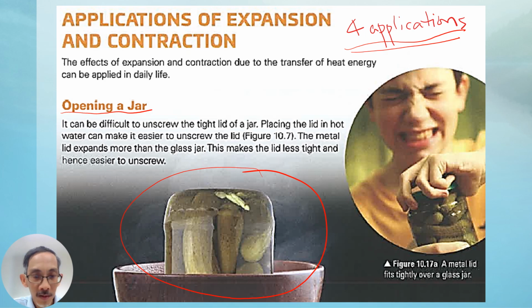Of course I'm not asking you to go back and try, but one of these days, if your parents have this problem, instead of using brute strength, you may want to just suggest this to them. Okay, so this is the first application.